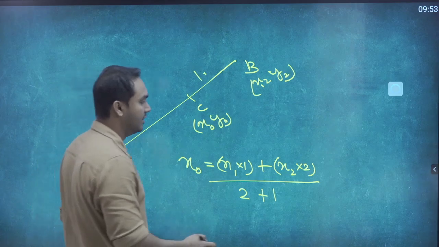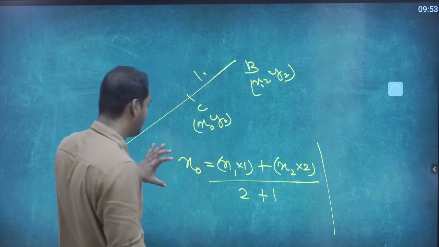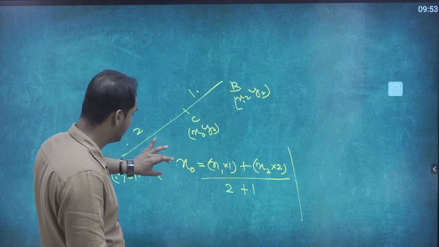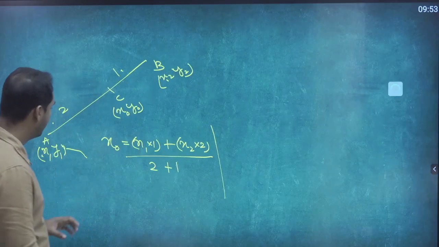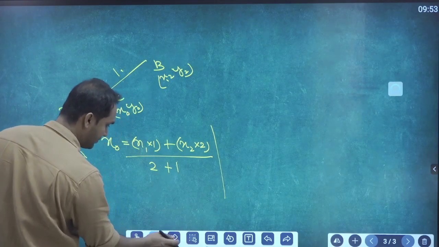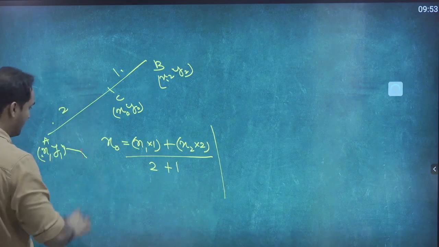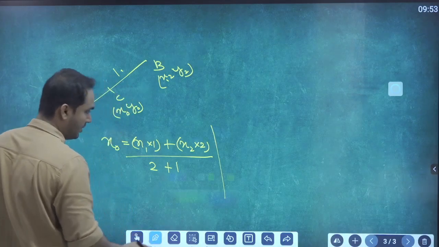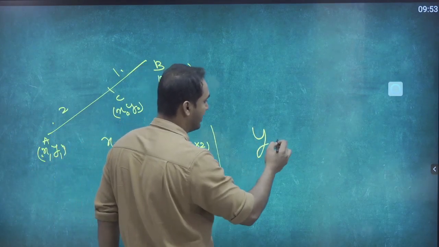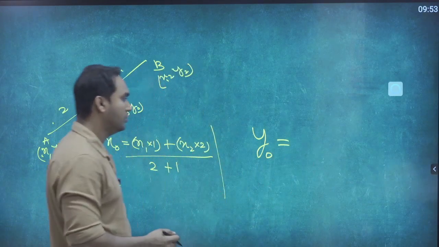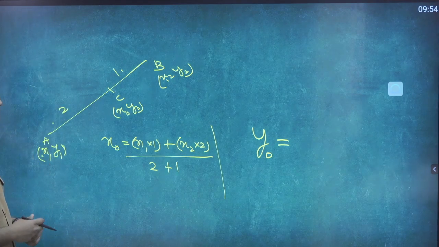And how do you find the y coordinate? y1 into 1 plus y2 into 2. If you have to find the y coordinate, you do the same, multiplying by the opposite ratios.